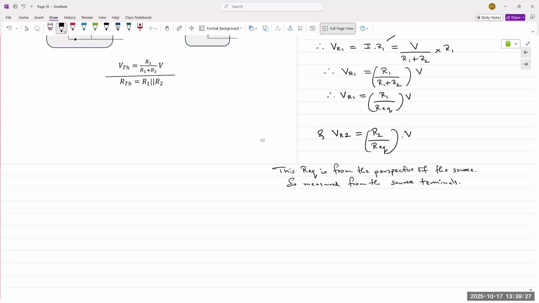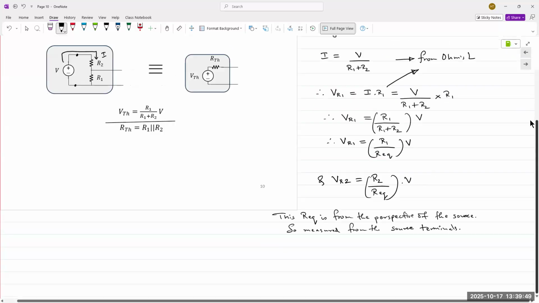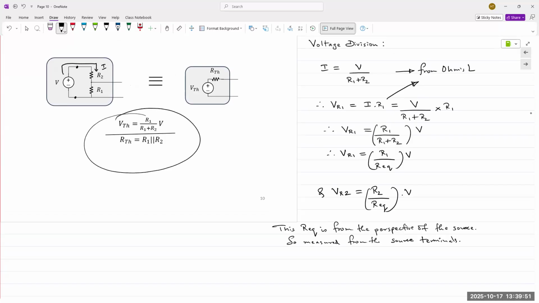That's why it's not the same REQ. This is something that you'd have to commit to memory and keep in mind. If you have 2 or 3 resistors connected in series to a voltage source, then you can use these equations to quickly determine the Thevenin equivalent that is being applied to the circuit.